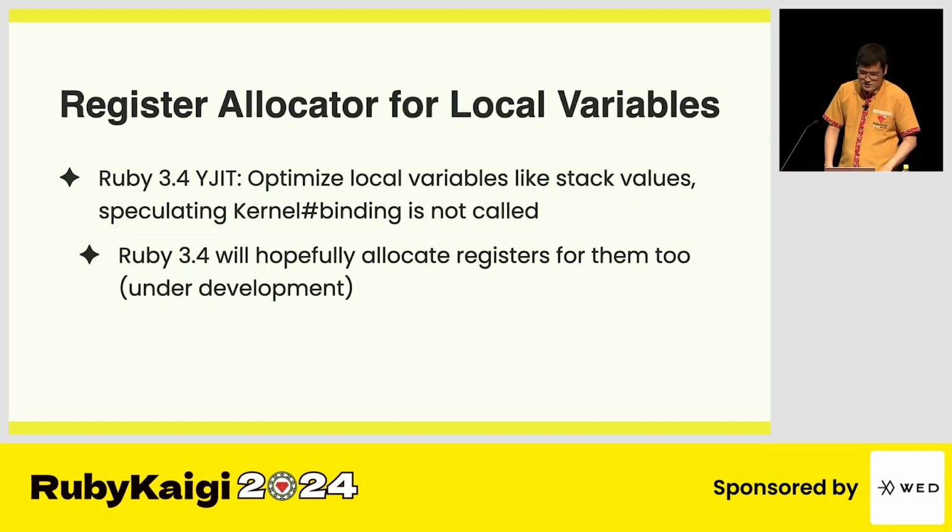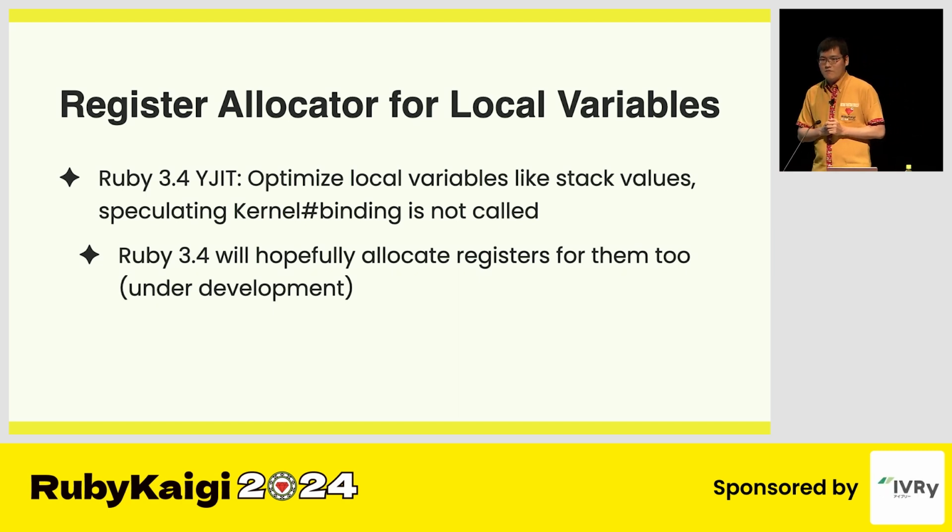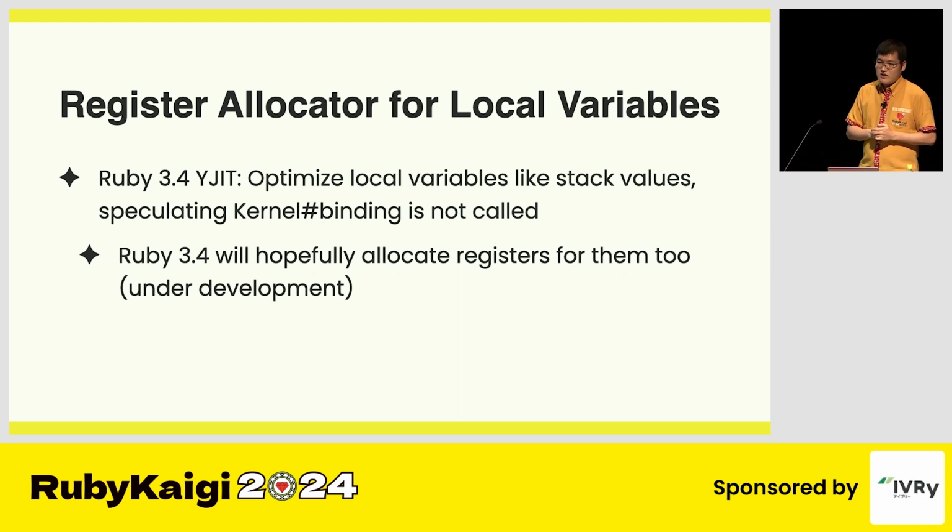Another complexity is that we also want to expand this register allocator to local variables. This is not available in 3.3, but we already merged some improvements into 3.4. You might know that there is a feature called Kernel#binding in Ruby, which allows you to manipulate the local variables in the current frame.